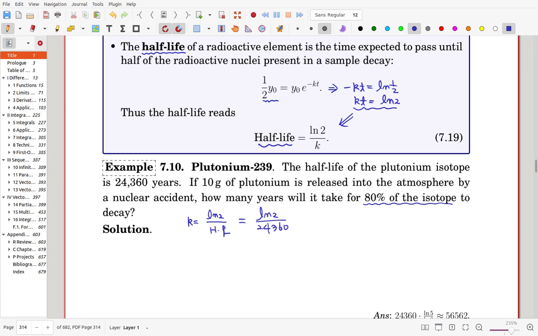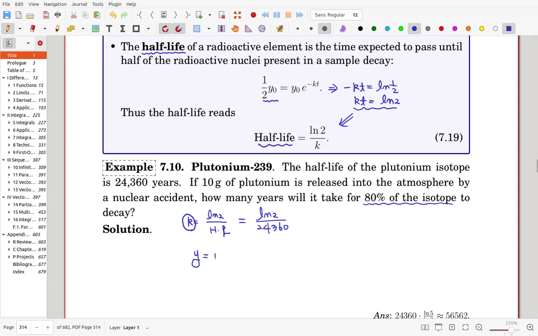Right? That's k, and that will give you k. Now k is decided.